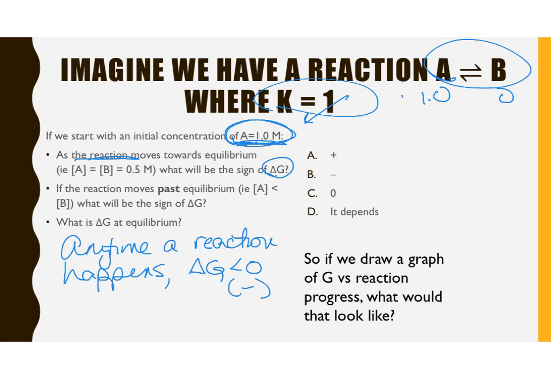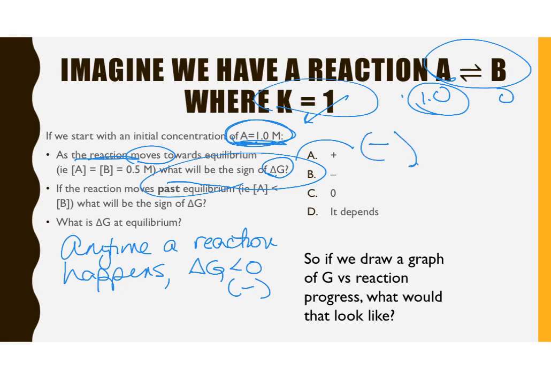Otherwise, it wouldn't happen. So this reaction is happening, okay, in the beginning situation where you have concentration of A of 1.0 and no B. So in the beginning, what is the initial sign of delta G? It's negative simply because it happens.